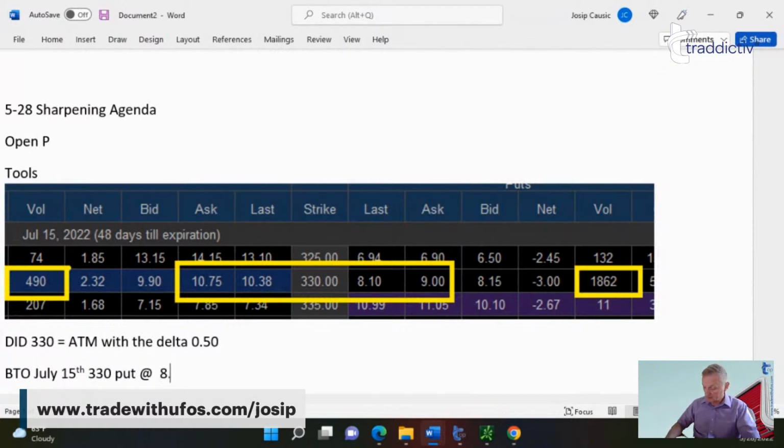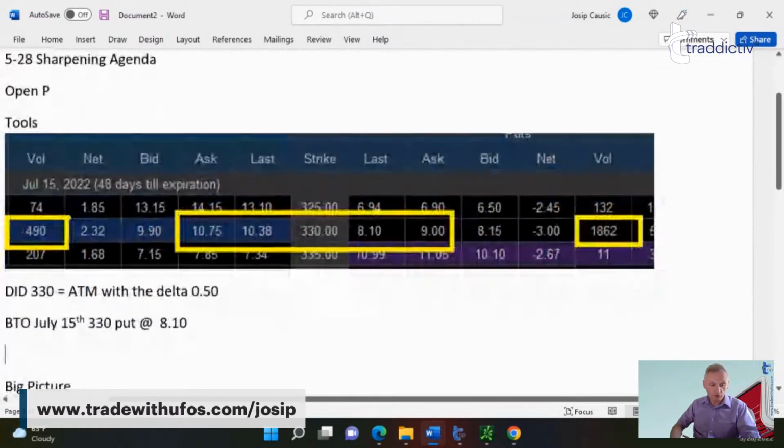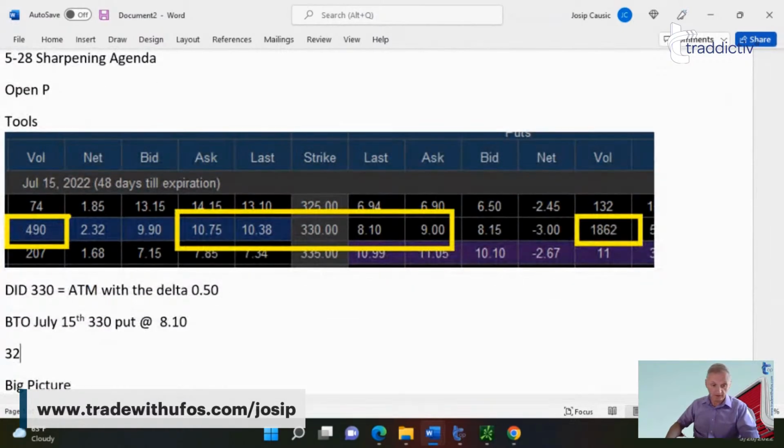If the price drops down to 320 within a short little while, that would be a 10-point move. If you have a 10-point move and a 50-cent delta, what would that be? That would be an additional $5 added on top of the 810, not counting all other components such as gamma, vega, theta.